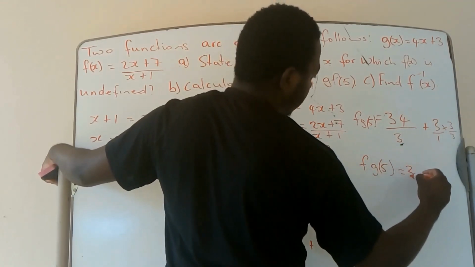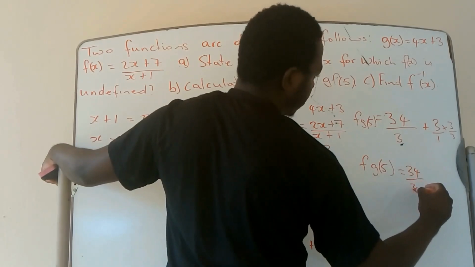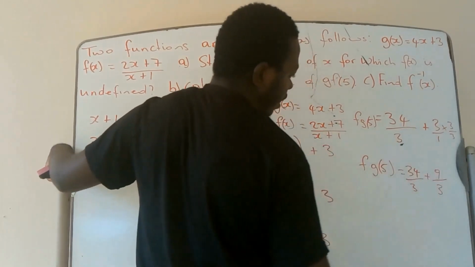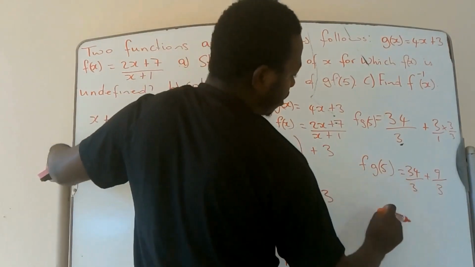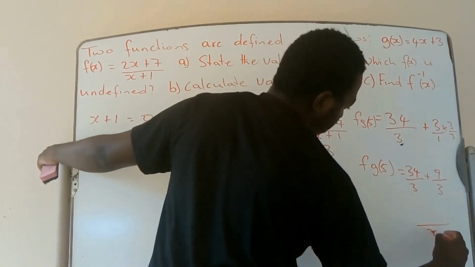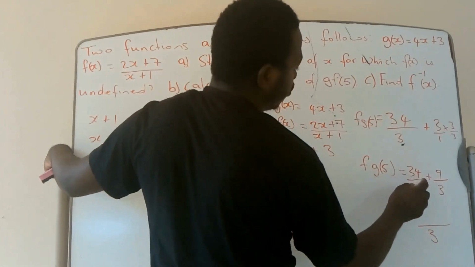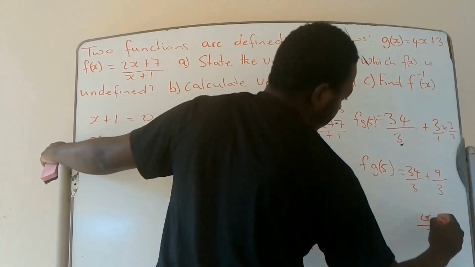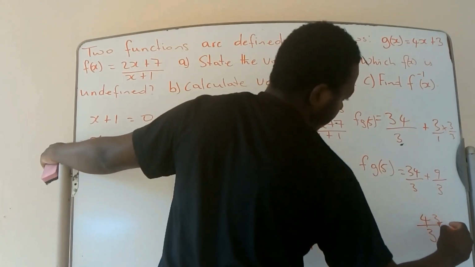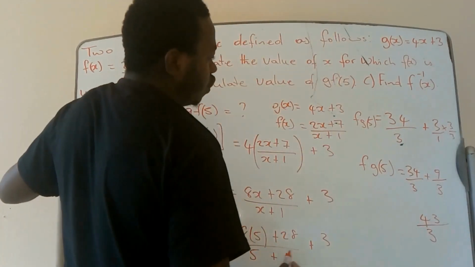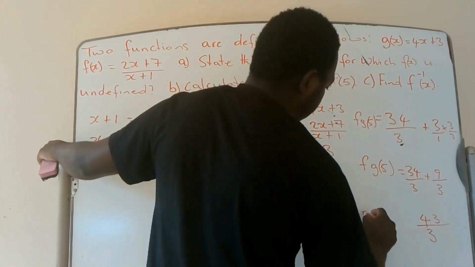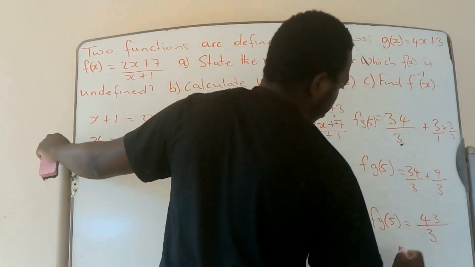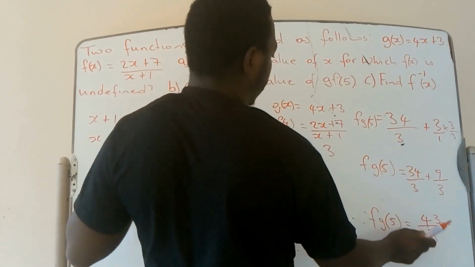Then I would have 34 over 3 plus 9 over 3. Now the denominators are the same. You keep the denominator of 3 and you simply add the numerators. So 34 plus 9, that is 43. So our final answer is, therefore, f of g of 5 is equal to 43 over 3.